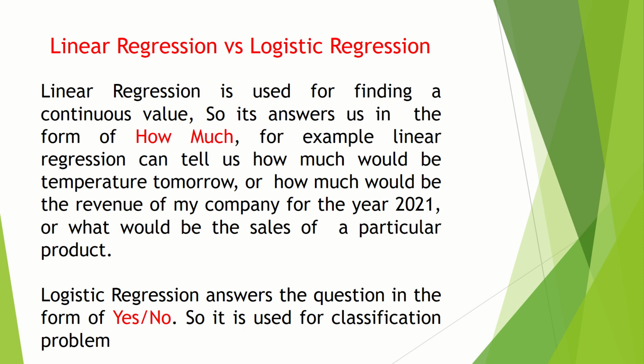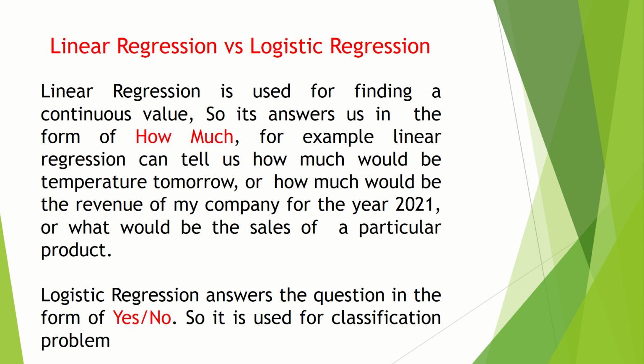For example, if I ask whether or not it will rain tomorrow, that question could be answered using logistic regression. There are some other examples as well: whether or not my patient is sick, whether or not this customer will churn, and so on. So logistic regression has a wide variety of applications in the real world, the business world, etc.